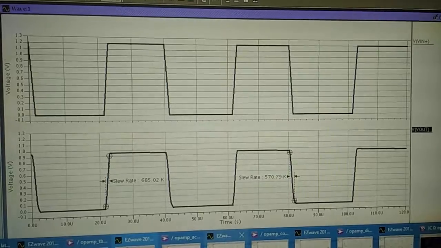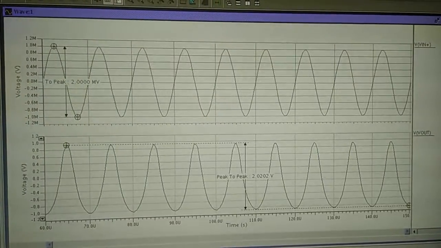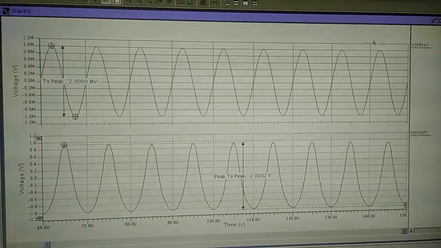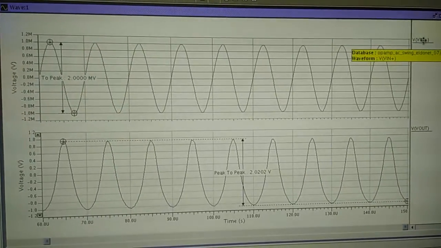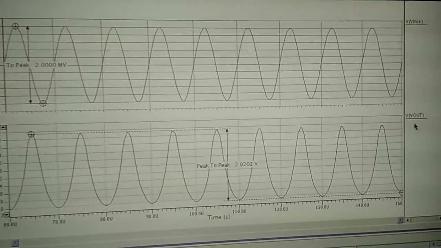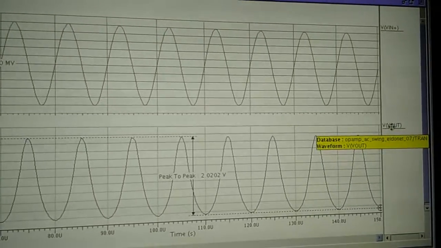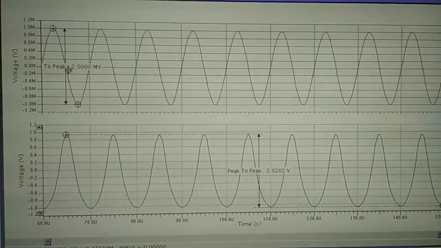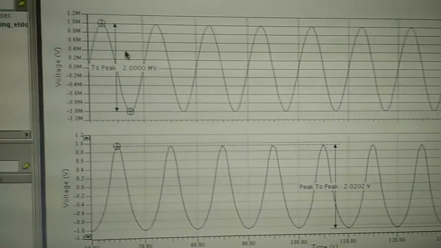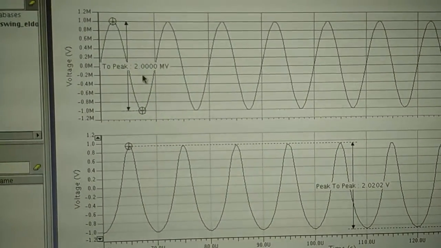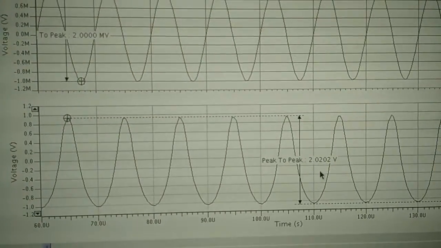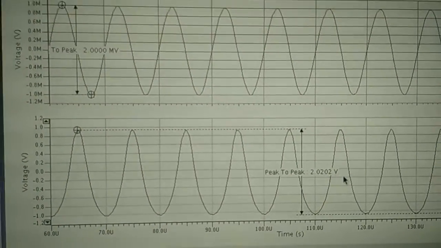Next, we'll run through the output swing simulation. After we run through the output swing simulation, from here we can see that this is the non-inverting input and this is the output signal. From here we can see the peak-to-peak value for the input voltage signal is 2 mV, while the output signal is 2.02 volt.